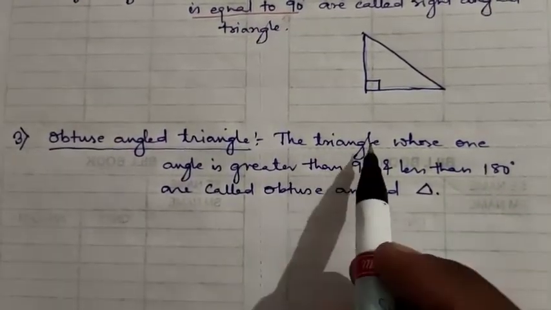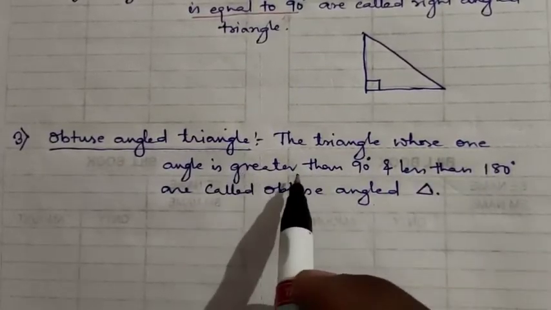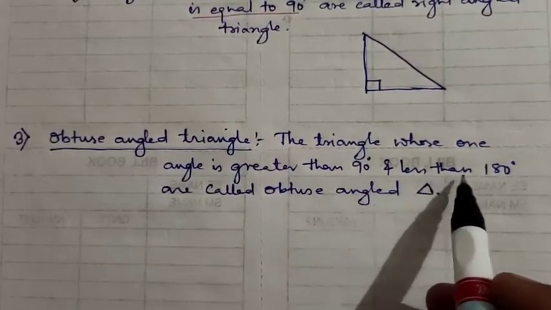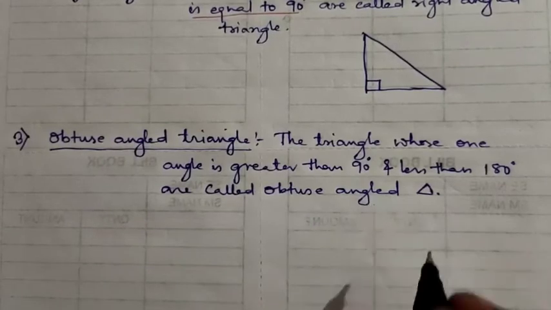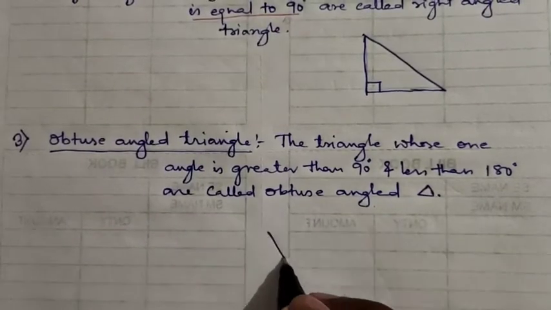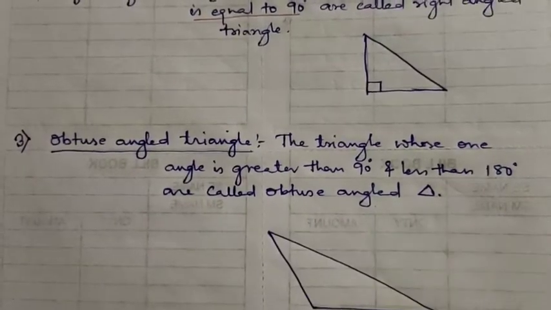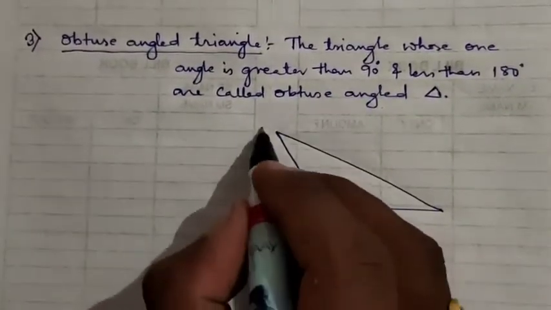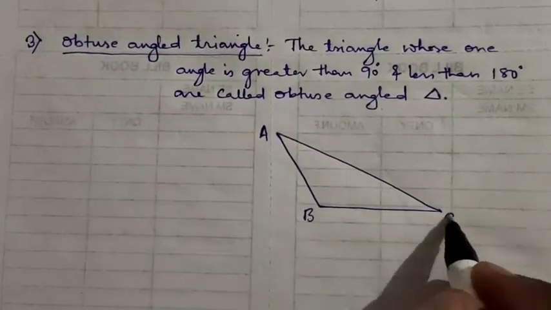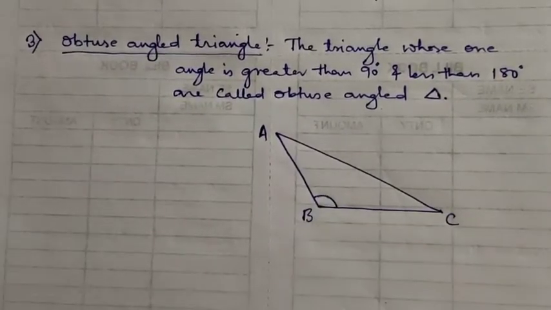Definition says that the triangle whose any one of the angles is greater than 90 and less than 180 degree is called obtuse angle triangle. Let me draw a figure for you. This triangle, you can say that this is an obtuse angle triangle. Here this angle is obtuse.